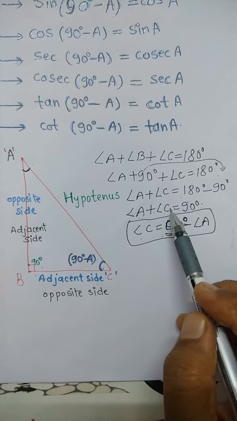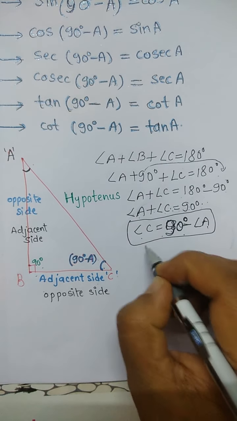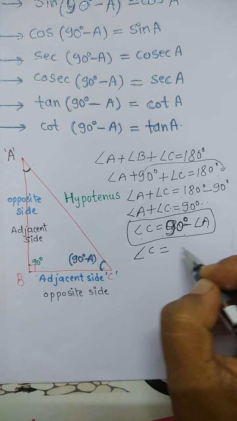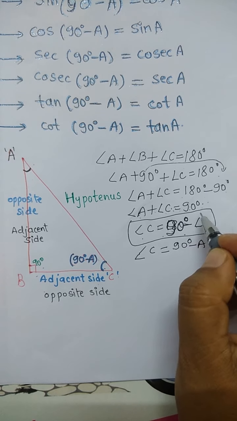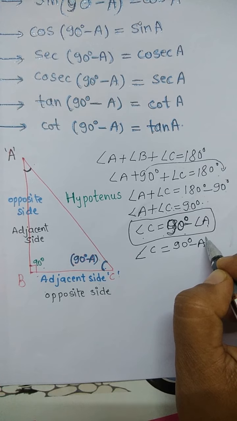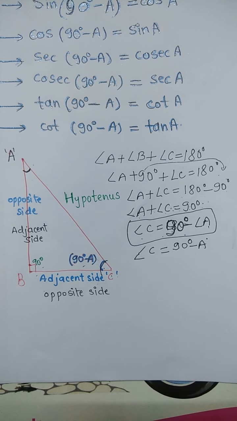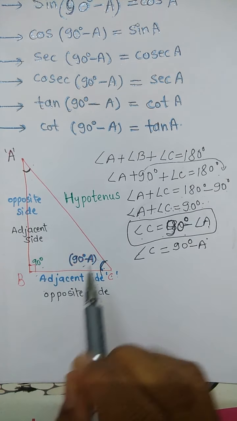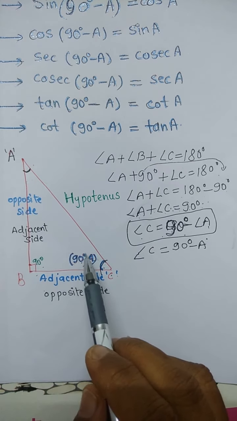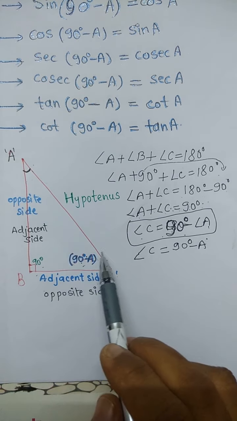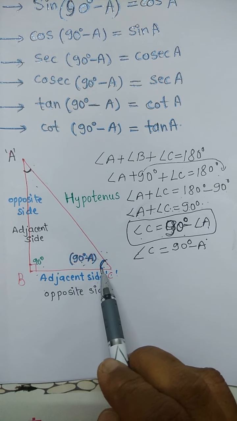So angle C will be equal to, bringing A to the other side, 90 degrees minus A. So we have written here the C value as 90 degrees minus A. Now you understood very well how we got angle C as 90 degrees minus A. Because this is A, this is 90 minus A, since the sum of both angles is 90. If one is A, the other will be 90 minus A. Very simple.